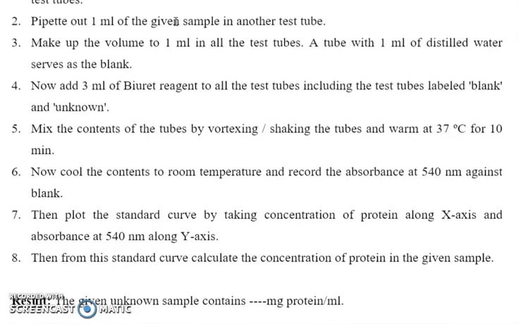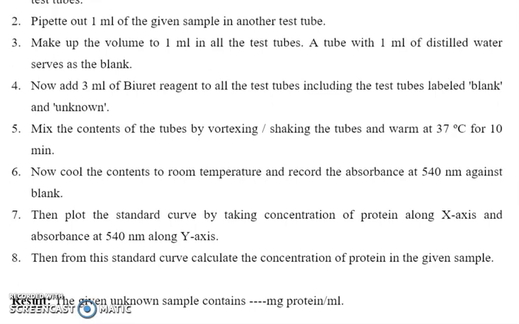Now add 3 ml of Biuret reagent to all test tubes, including the test tubes labeled blank and unknown. Mix the contents of the tube by vortexing or shaking and warm at 37 degrees Celsius for 10 minutes.